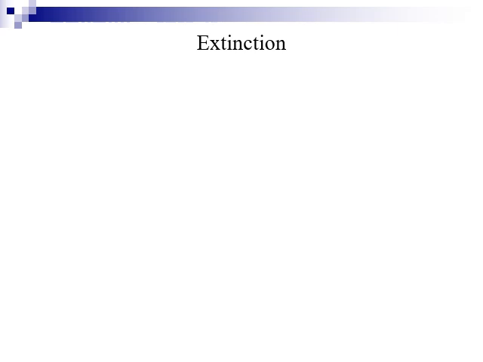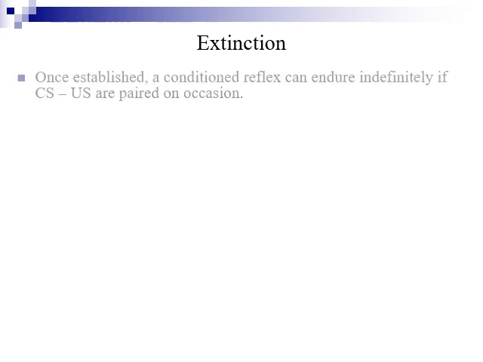The last phenomenon we'll discuss is extinction. Once a conditioned reflex is established, it can persist indefinitely, as long as we have pairings between the CS and US on occasion. So in other words, a dog can salivate to a bell, as long as the bell precedes food from time to time.